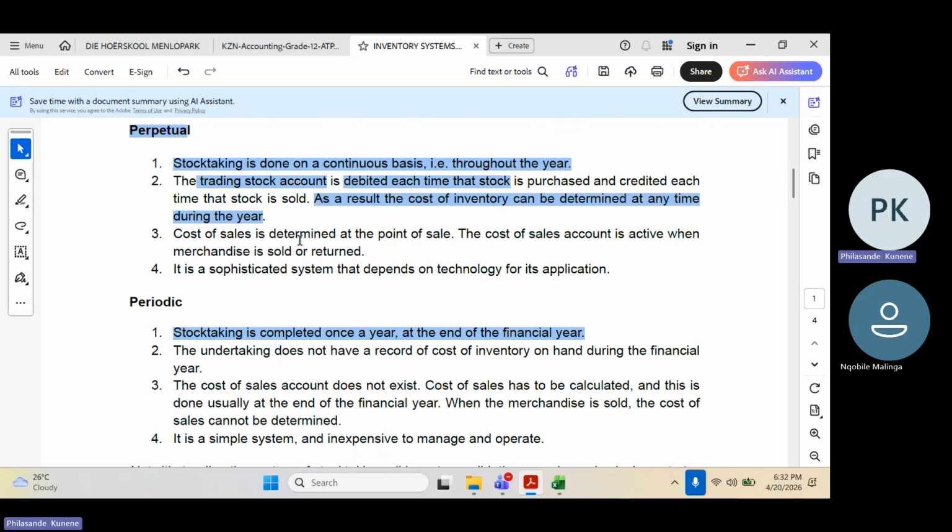Because that system is keeping track of the movement of stock coming in and stock moving out, you can be able to determine the balance. You can determine the cost of the inventory, even the closing stock, at any time during the year under perpetual inventory system.